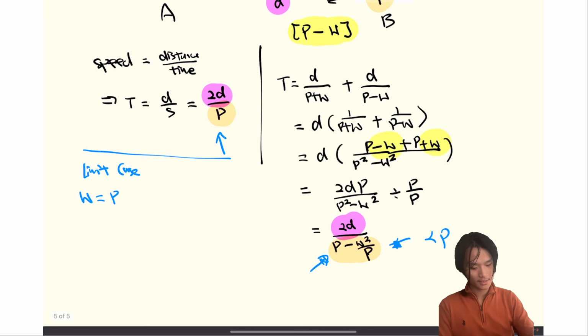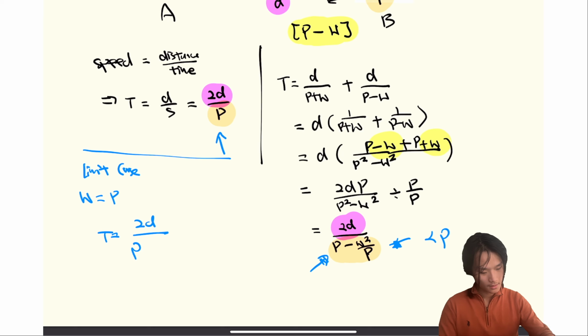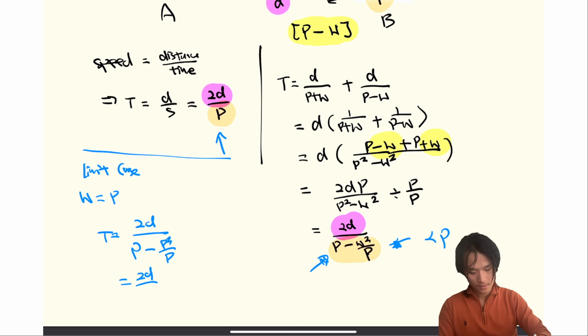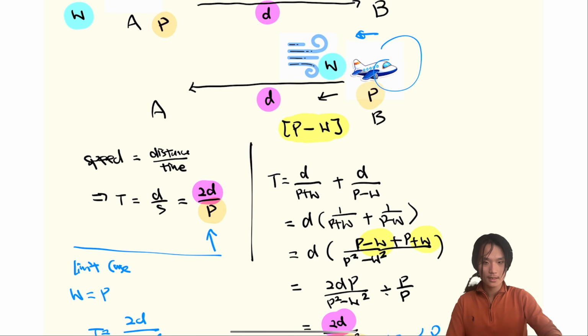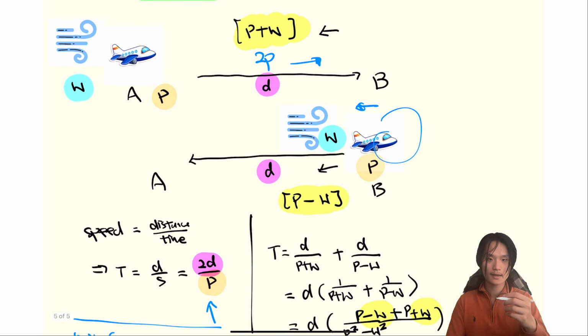And the math checks out, because the time now becomes 2D over (P minus P squared over P), which is 2D over P minus P, which is 2D over 0. That actually approaches infinity. And what that really means is, because the plane is stuck here, it cannot go back.